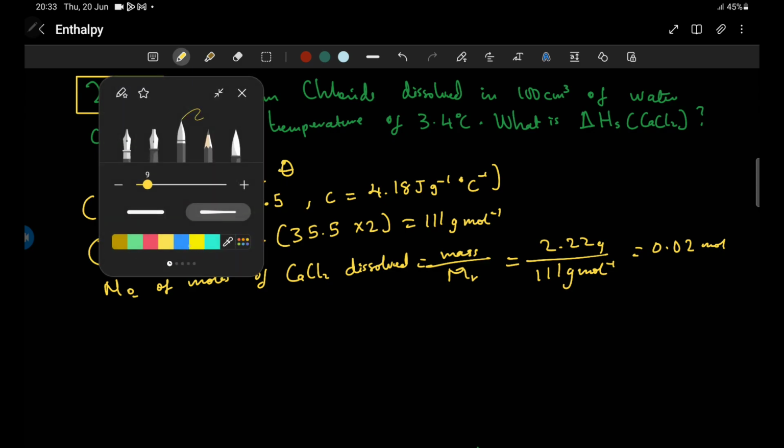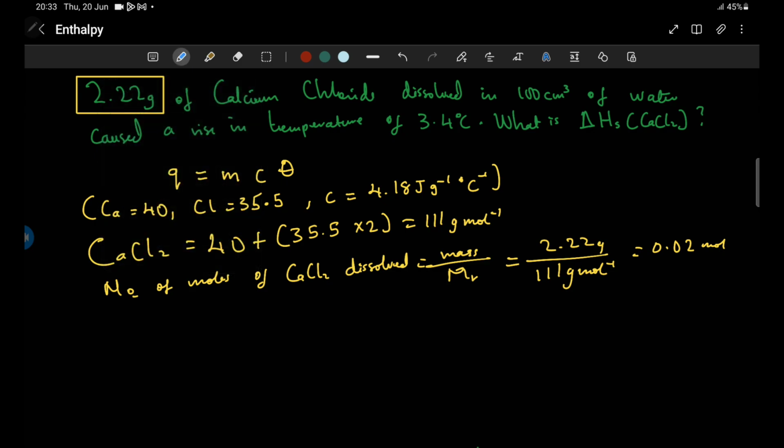With that said, let's assume that the density of the solution is the same as that of water, and that the density of water is 1 gram per centimeter cube.